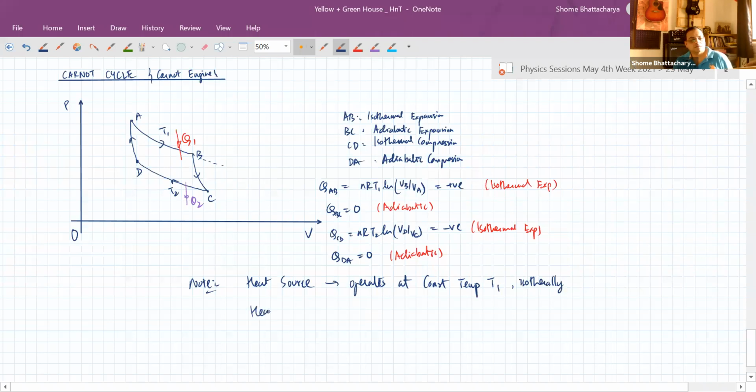Heat sink, this also operates at constant temperature. But obviously T2 is less than T1.